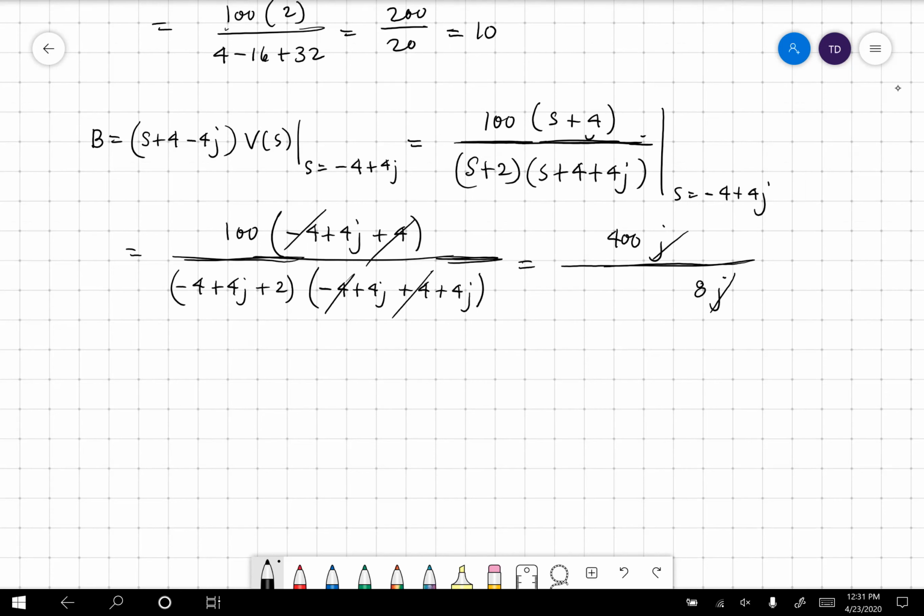And then up front, I have a minus 2 plus 4j. Pull out all the constants whenever you can. 400. I'm going to pull out a 2 and an 8. And then I have minus 1 plus 2j.